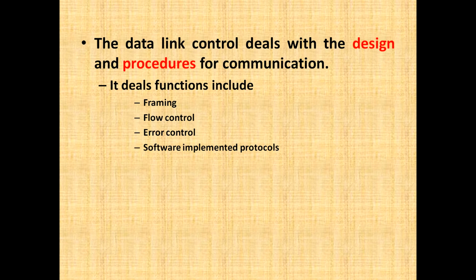It mainly focuses on different functions: framing, flow control, error control, and software implemented protocols. In framing, what procedures do you have to follow? Bit stuffing, char stuffing, and what is flow control, what is error control, what are the software implemented protocols, we have discussed in the previous videos.